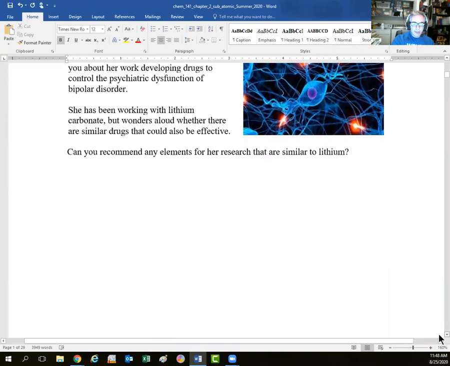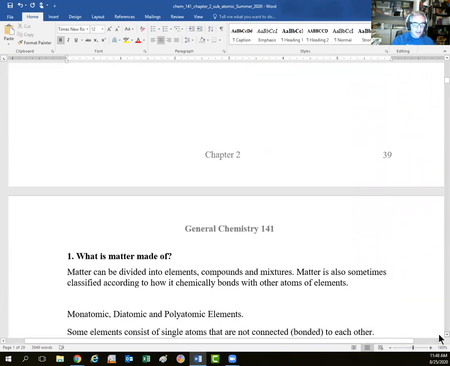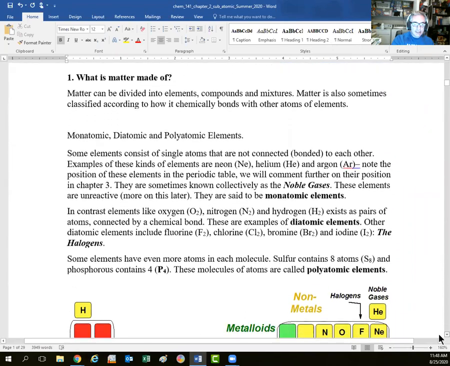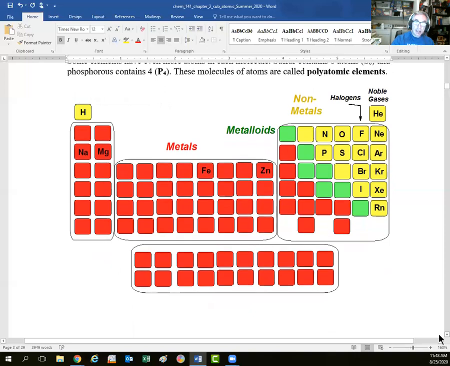So let's see where we left off with chapter 1. We had been talking about these elements which were made up of very particular kinds of atoms. And the atoms of one element were different from the atoms of other elements.